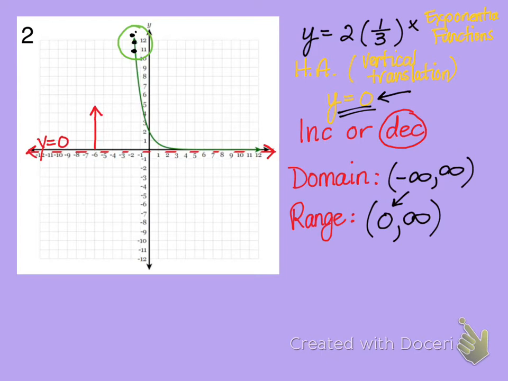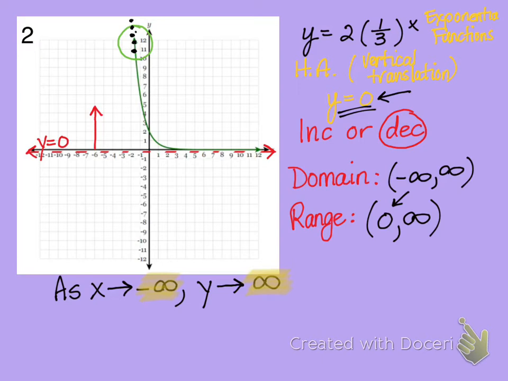So I'm going to say, as x approaches negative infinity, what is going to happen to my y values? Well, I notice that my y values keep going more and more up. Every single one of these dots, the y value went up, the y value went up. So each one of the x's got more and more negative, and each one of the y values got more and more positive.